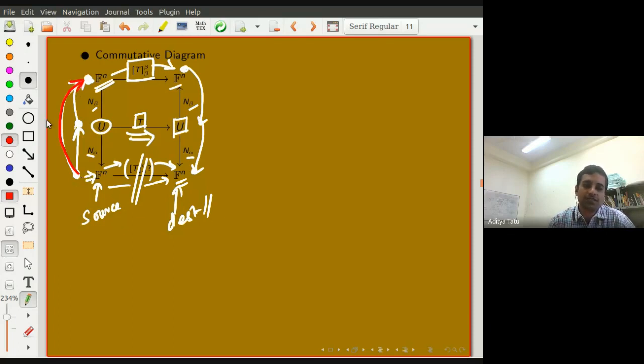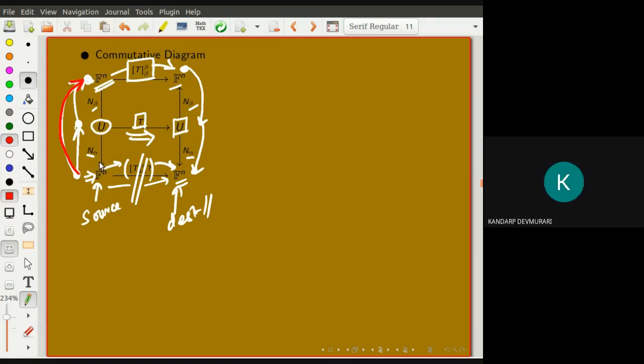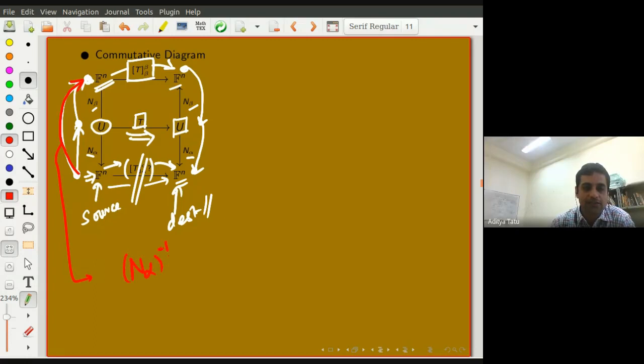And how do I go from this directly here? N alpha inverse N beta. Exactly. So this is N alpha inverse N beta.